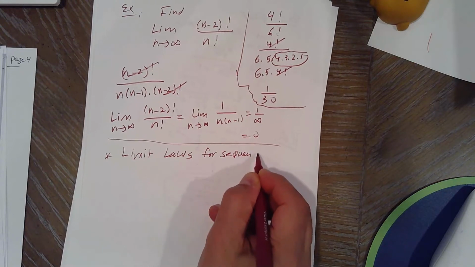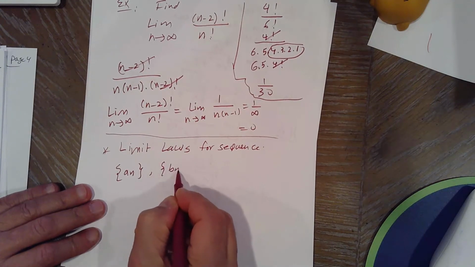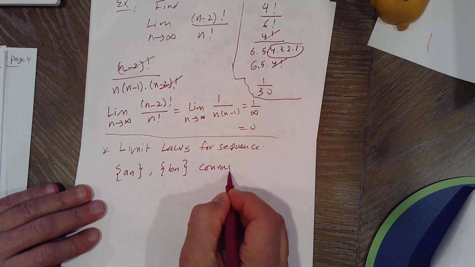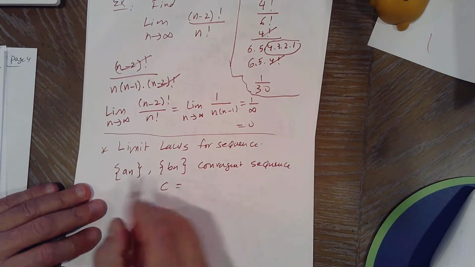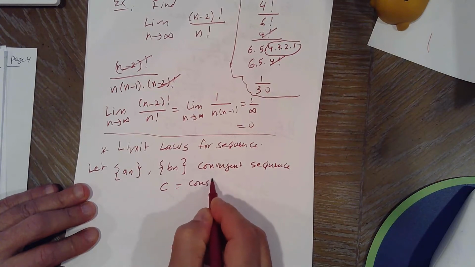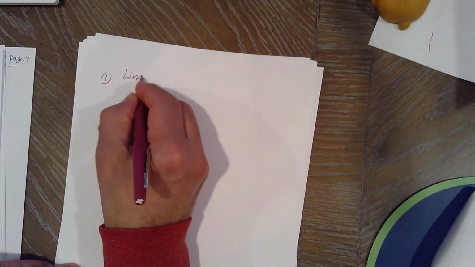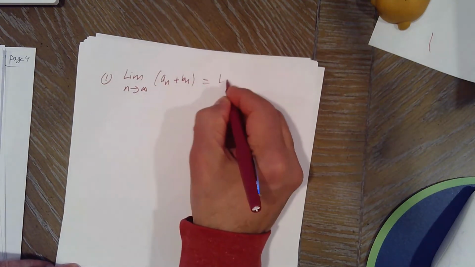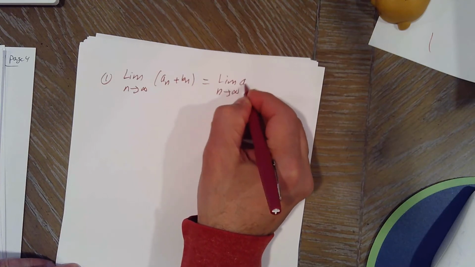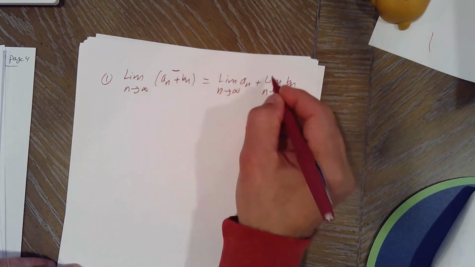So if you have two sequences, a_n and b_n, and they're convergent sequences, and c being a constant, then if we're doing the limit as n goes to infinity of a_n plus b_n, we can split it up, as we know with limits. Plus the limit as n goes to infinity of b_n. And same thing with minus, okay?